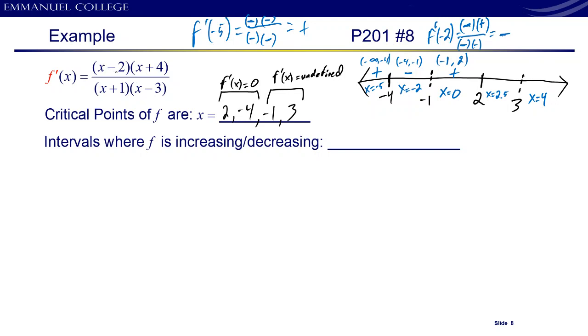So plugging in 2.5, I would get a positive, positive, but then a negative. And so then another interval of decreasing from 2 to 3. And so then if you plug in 4, positive, positive, positive, positive. So then from 3 to infinity, it would be positive.